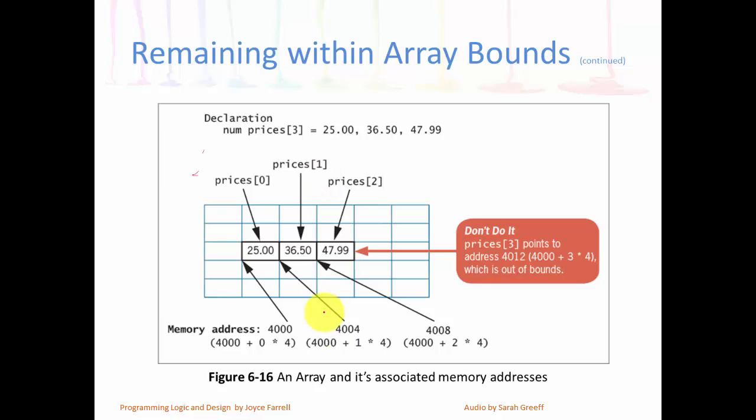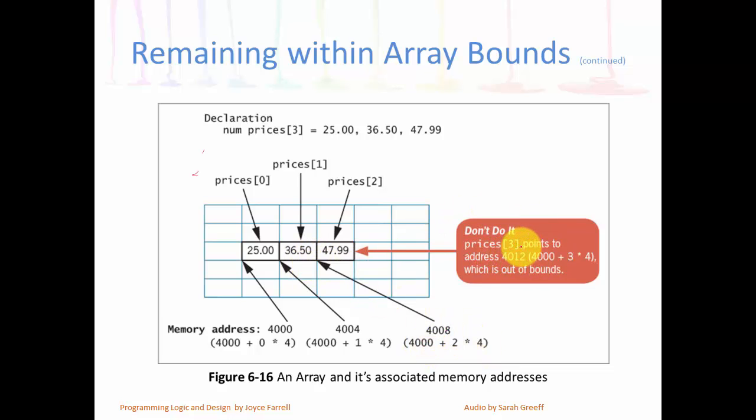For prices sub 1, it's 1 times 4 is 4, plus 4,000 is 4,004. For subscript 2, it's 2 multiplied by 4. Remember, 4 is our num, which is our data type, which is our bytes in memory. 2 times 4 is 8, and 8 plus 4,000 is 4,008.